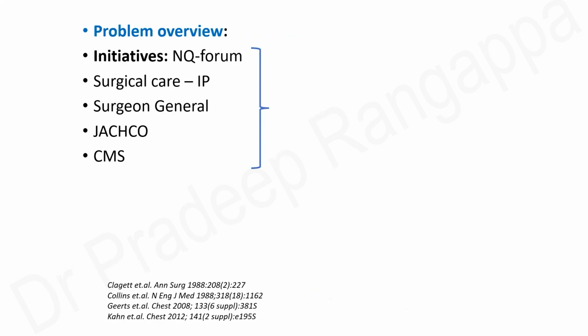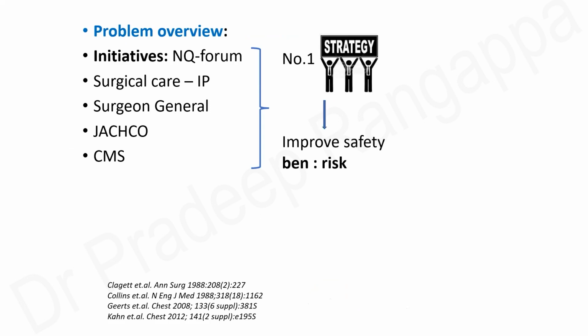As a problem overview, in the US and across the globe, various societies are putting a lot of emphasis on taking measures to prevent venous thromboembolism. The National Quality Forum, Surgical Care Inpatient, Surgeon General, JACO, CMS, all of them have put prevention of venous thromboembolism as a number one strategy to improve the safety of patients within the hospital and even post-discharge.